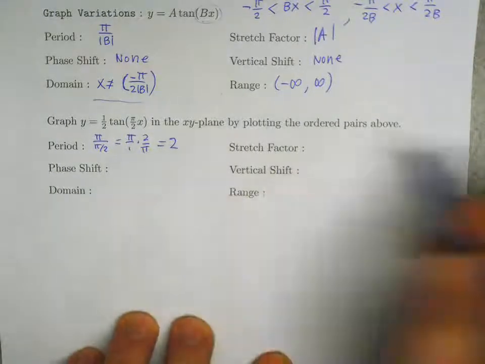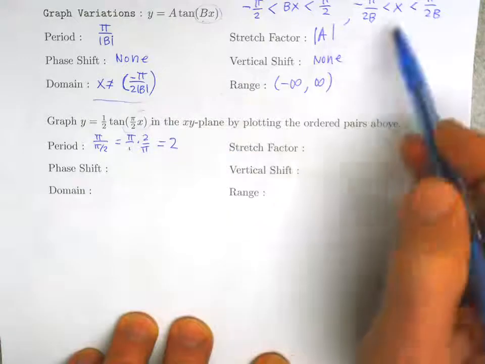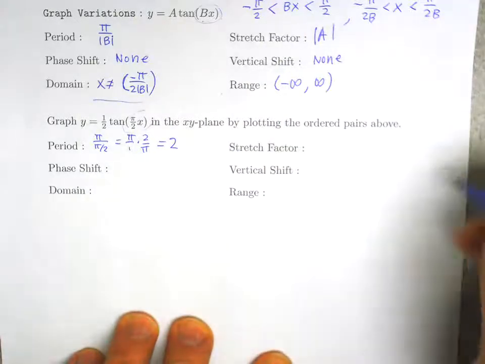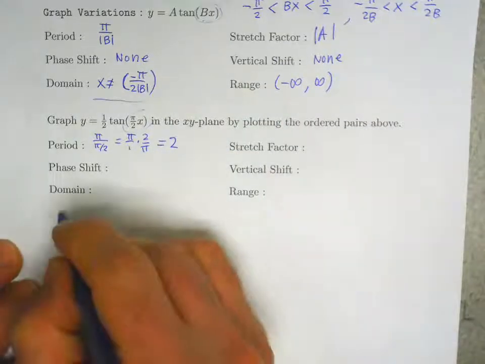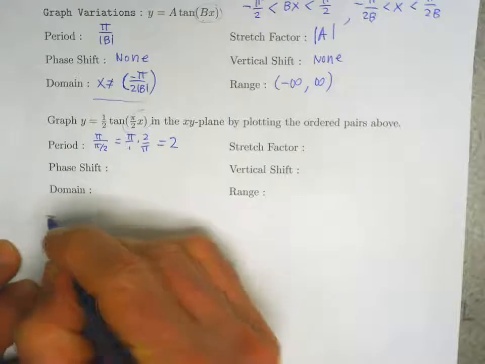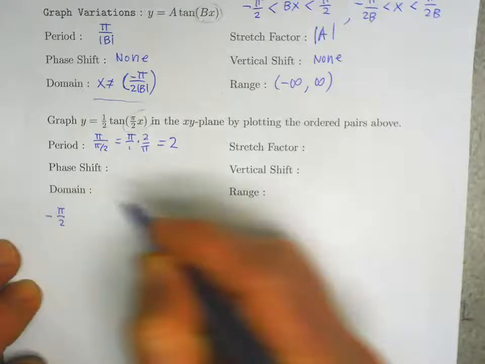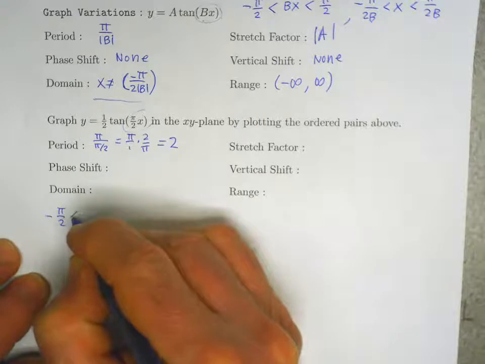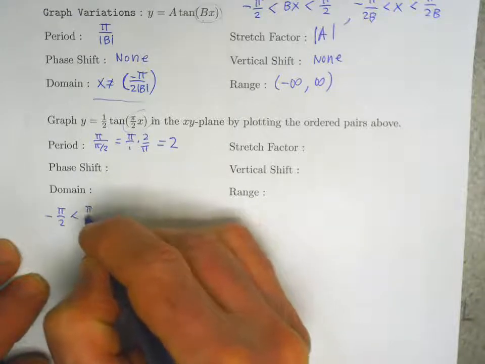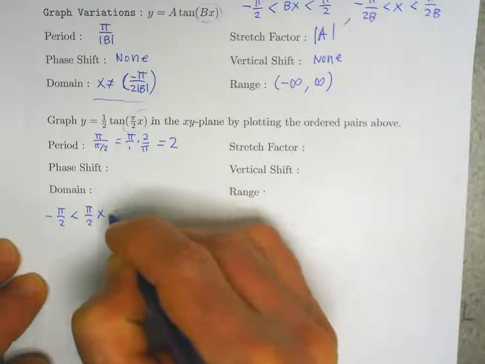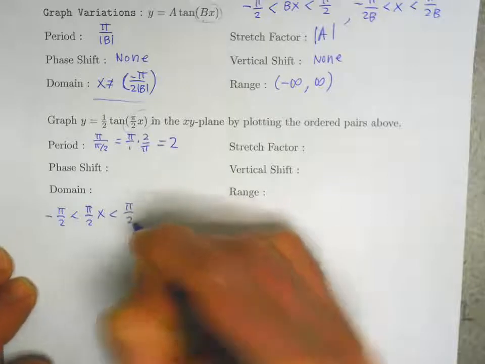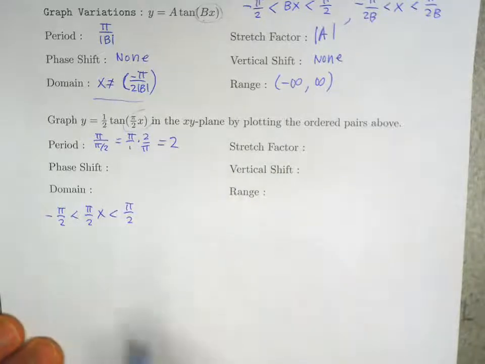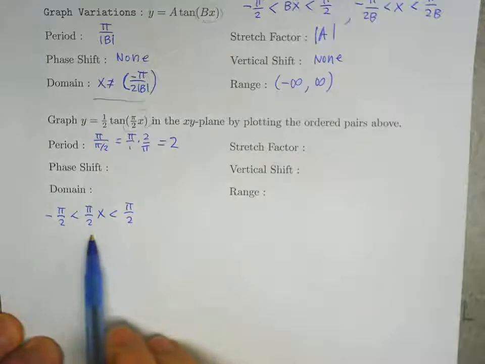An alternative to that, as we did up here, so if we write negative pi over 2 is less than pi over 2x, which is less than pi over 2, and then divide all 3 parts by pi over 2.